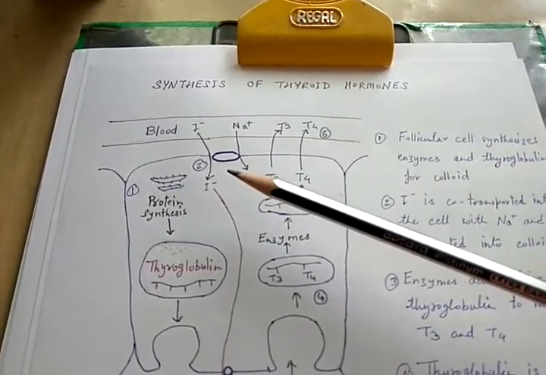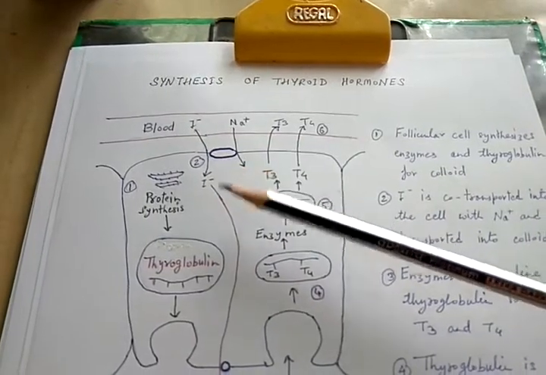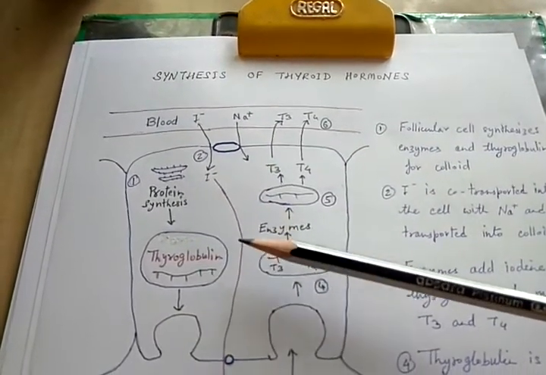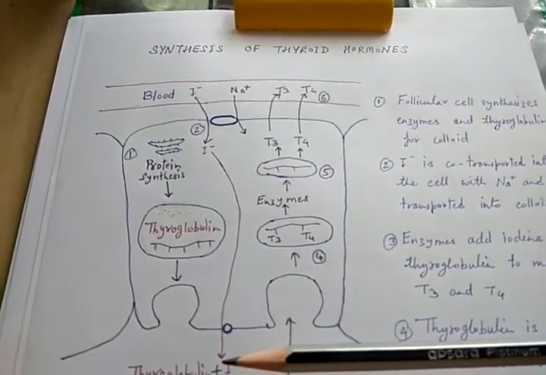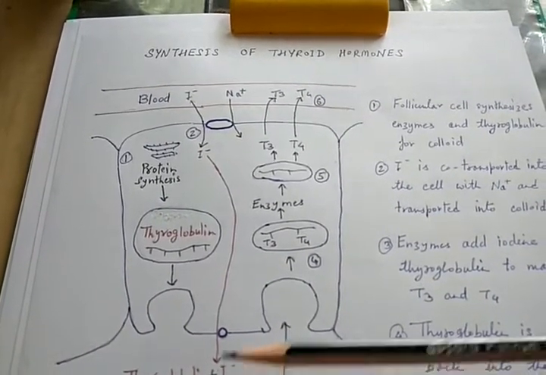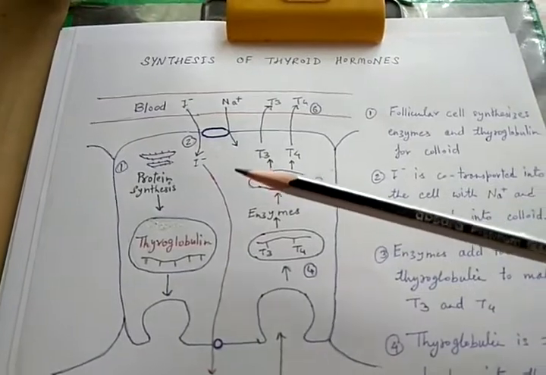And what happens next is the iodide ion is transported to the lumen of the follicle.